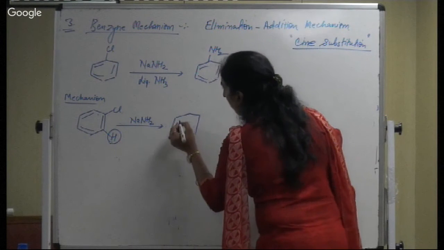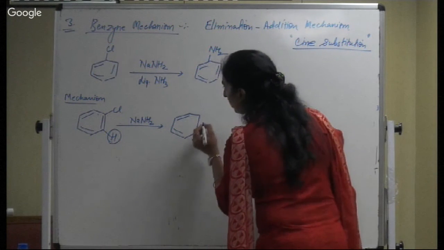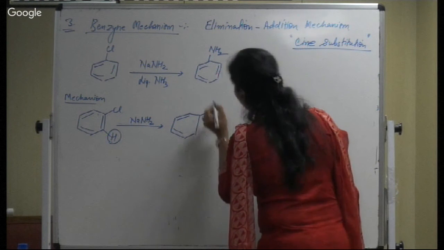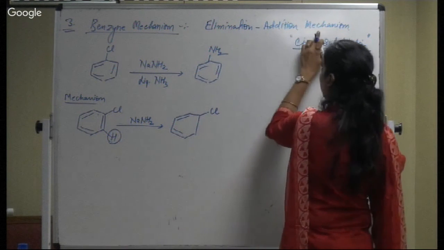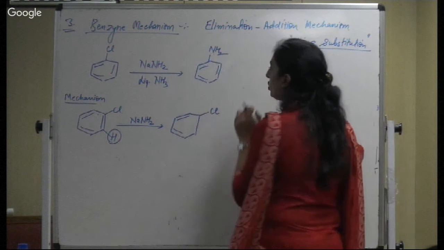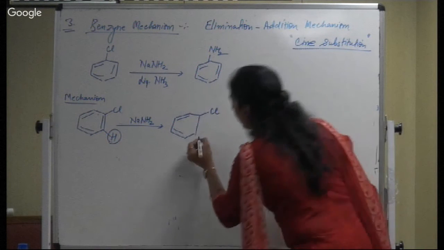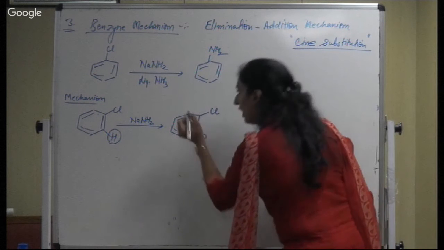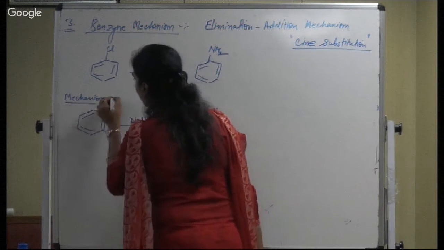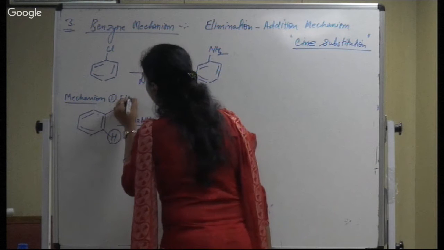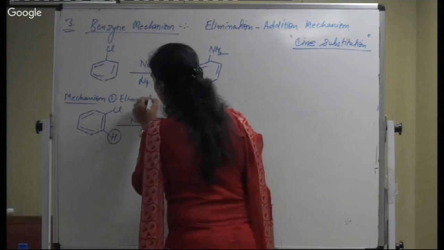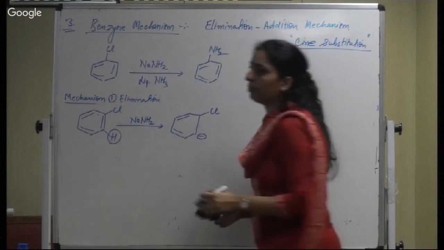What is the name of the mechanism? So that means elimination of halide should be first and addition of the nucleophile should be second. This is your first step, the elimination step. Basically, there are two steps. I will justify the mechanism, don't worry.